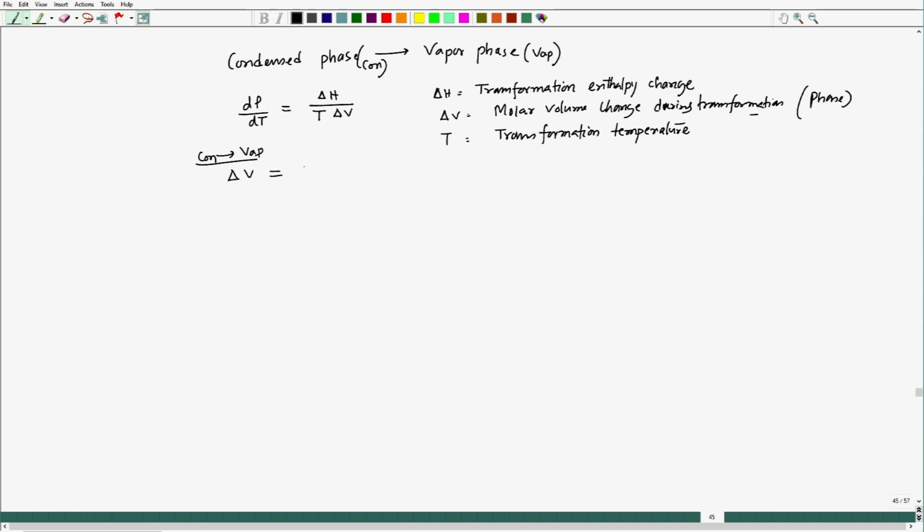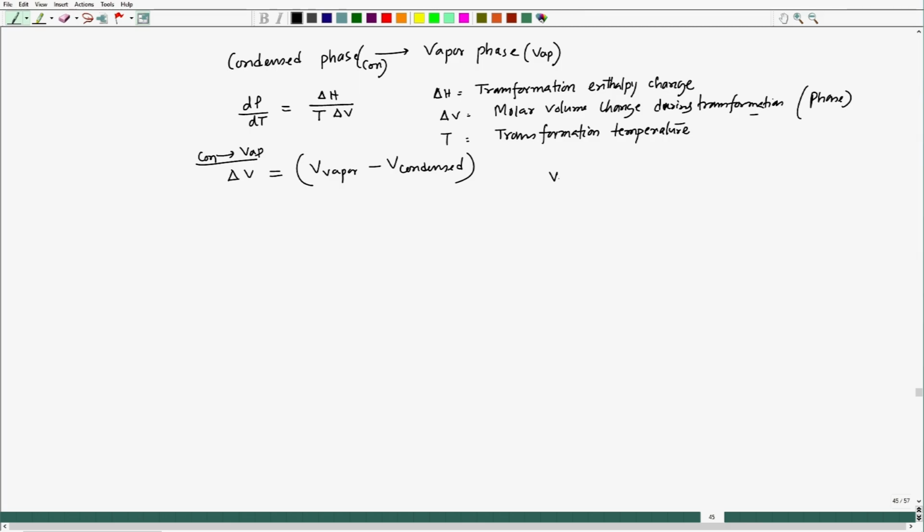Then del V equals V vapor minus V condensed. If I find the difference of molar volume when a condensed phase transforms to vapor phase, that difference becomes extremely high.